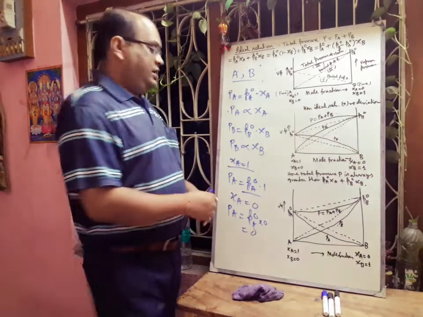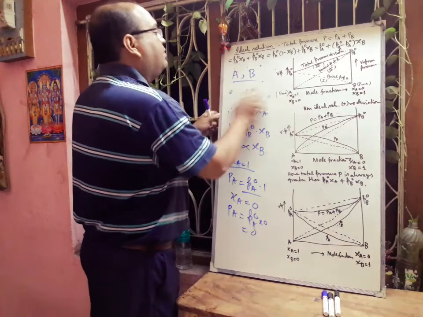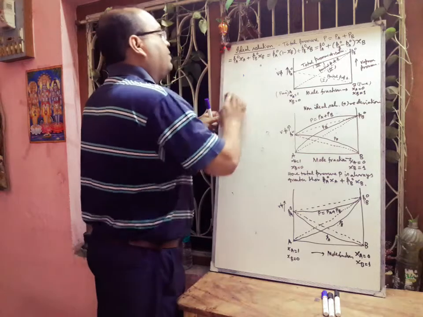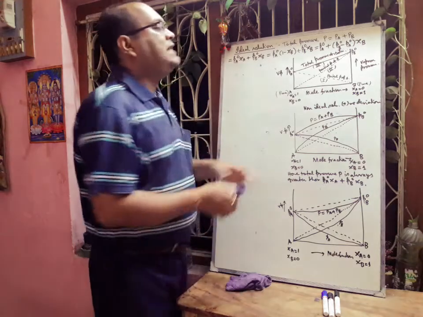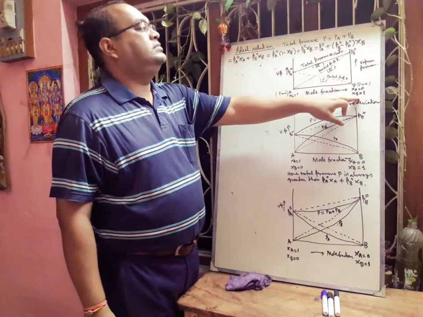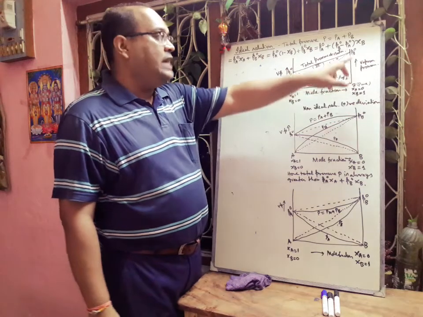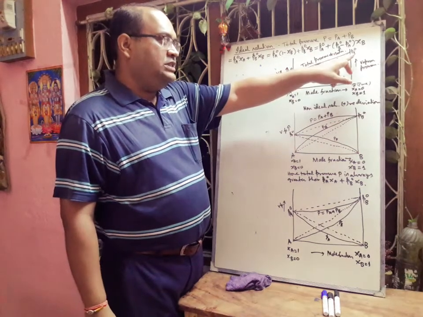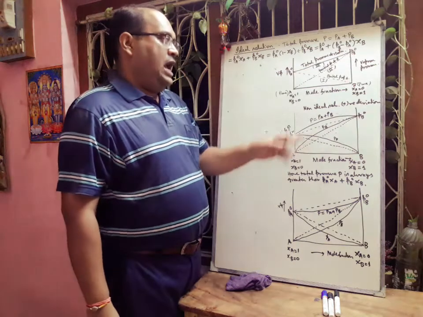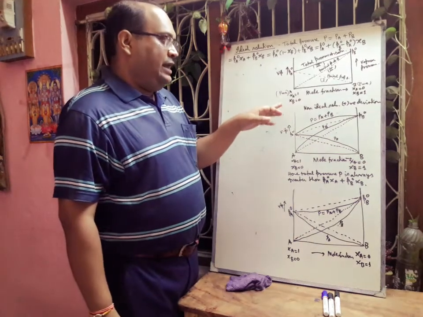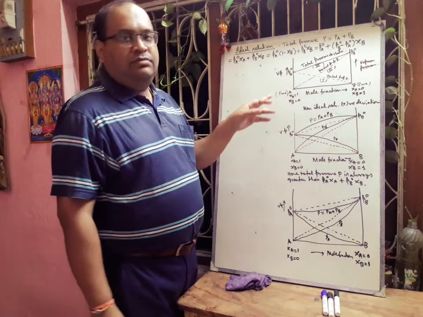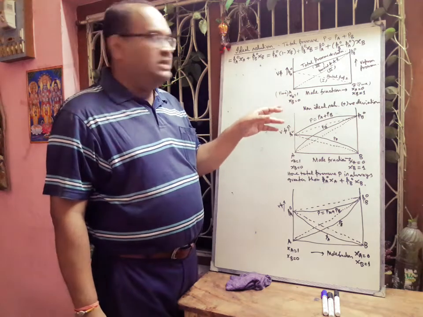Similarly, on this side, when Xb is equal to 1, then pure liquid B is present. So this is the Pb0, the vapor pressure of pure liquid B, and when Xb is equal to 0, that means Pb is equal to 0.